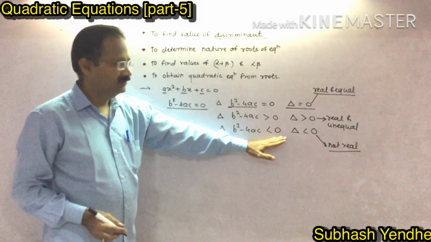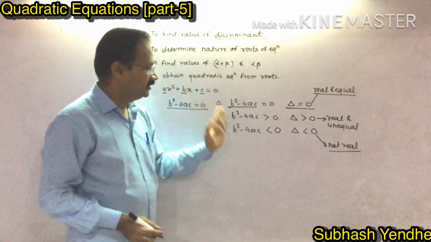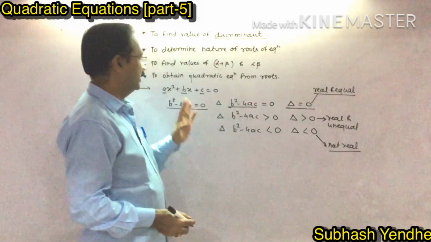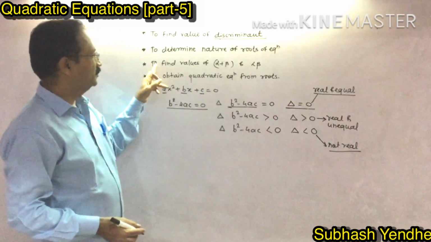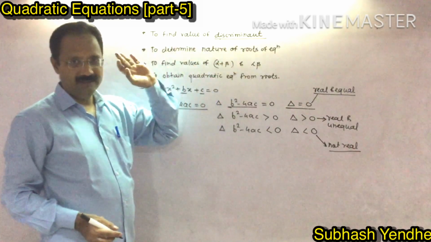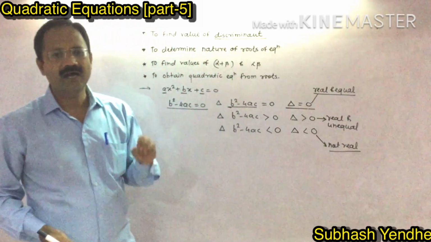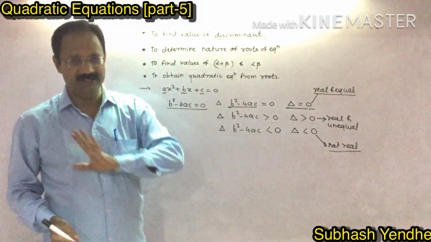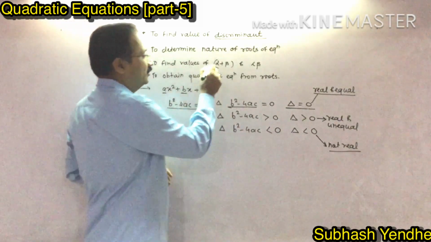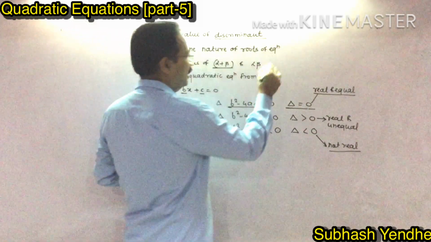You have to find out whether the value is 0, greater than 0, or less than 0. Okay. Now the third part: to find the values of alpha plus beta and alpha beta. What is alpha and beta? Alpha and beta are nothing but the roots of the equation. Then how can we find out alpha plus beta? It is very simple.